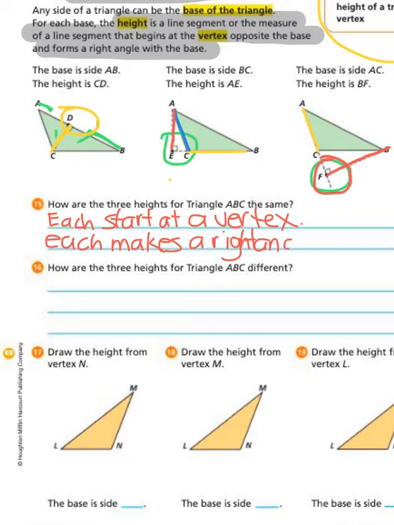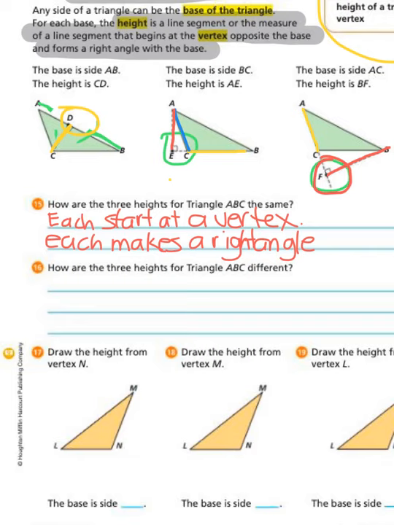And remember, that angle needs to be opposite. Each makes a right angle with the line that the opposite side is part of. And then the last thing is the base is the side that has endpoints that are not the vertex. And again, remember the vertex is just the point.